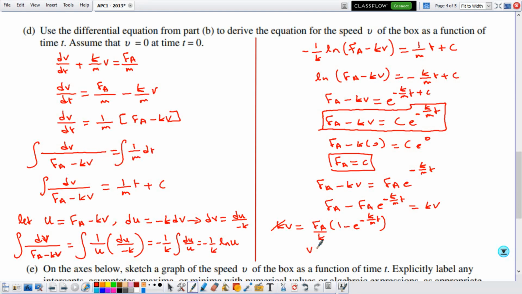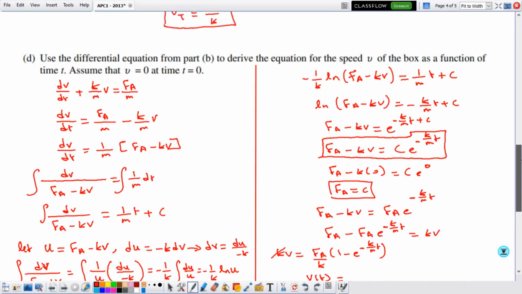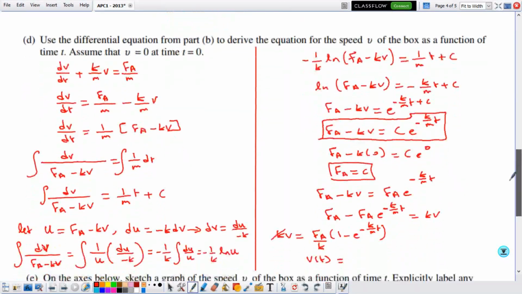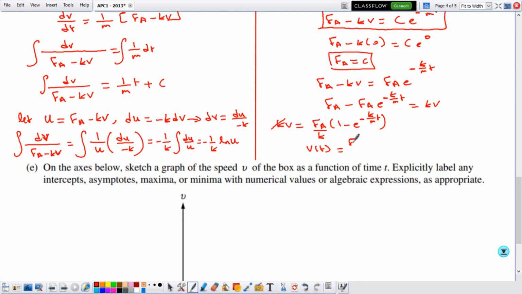Then the velocity v as a function of time is given by the terminal velocity that we determined previously, Fa over k, multiplied by 1 minus e to the power of minus k over m t, as we expected.